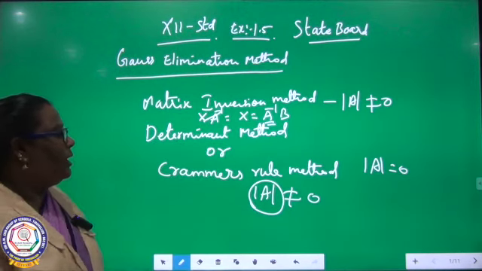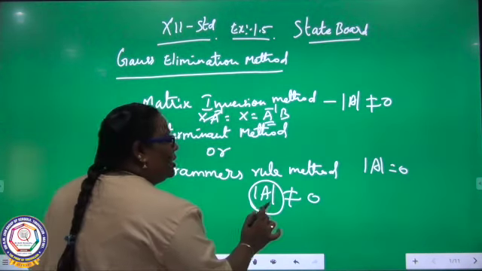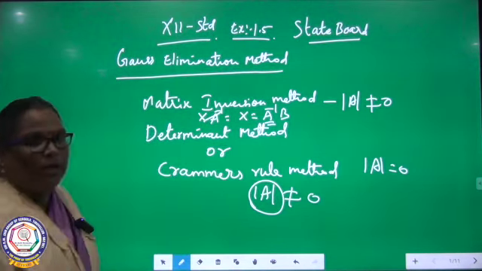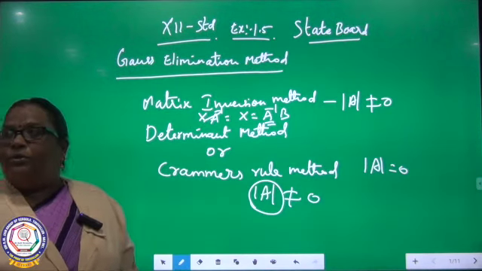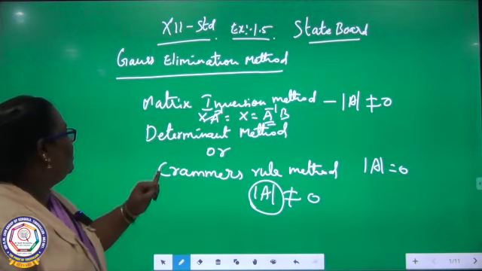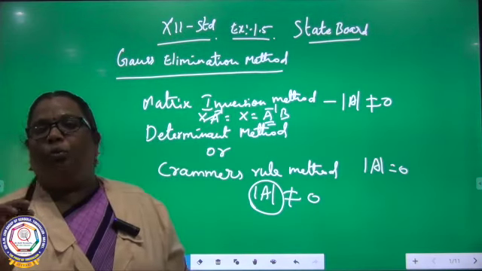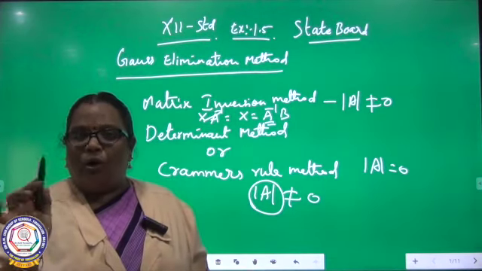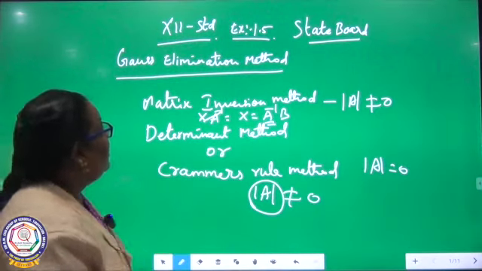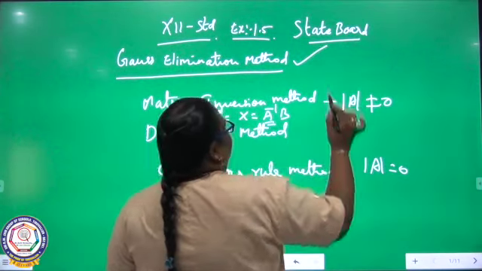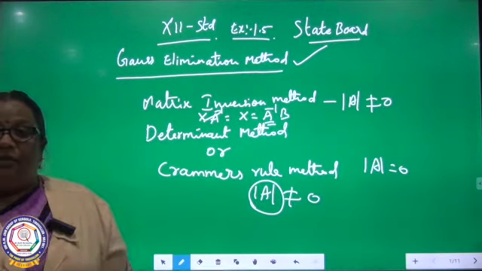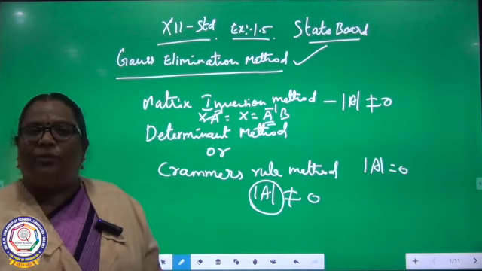Determinant of A not equal to 0. Here also determinant of A not equal to 0. So both the matrix inversion method and the determinant method or Cramer's rule method are applicable only for a non-singular matrix.